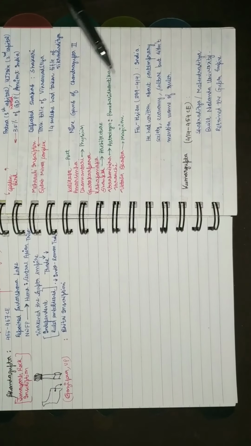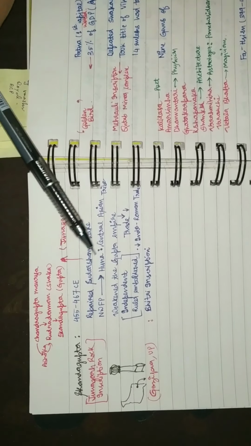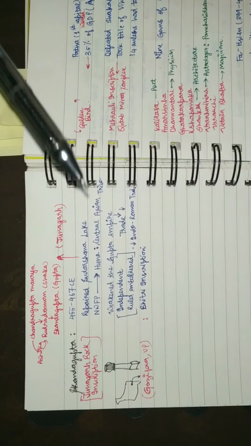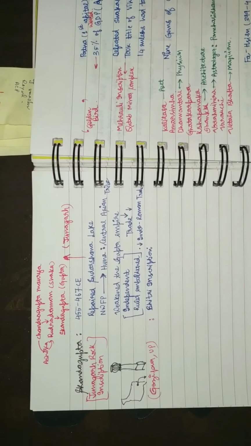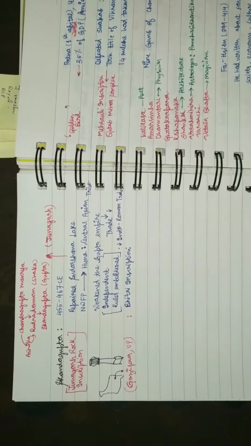After ruling 40 years successfully, Kumaragupta had already started facing the Huns from Central Asia. Skandagupta was successful in protecting the Gupta Empire, but what the Huns had achieved indirectly was damage. So 455 to 467 CE, that is roughly 12 years, Skandagupta ruled.